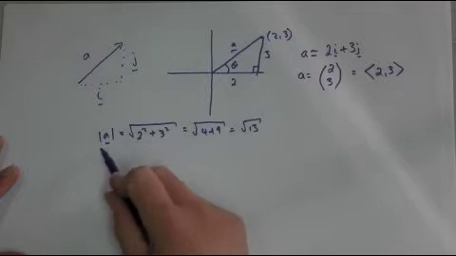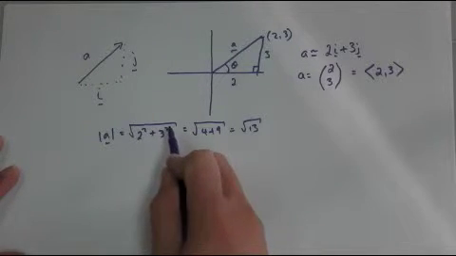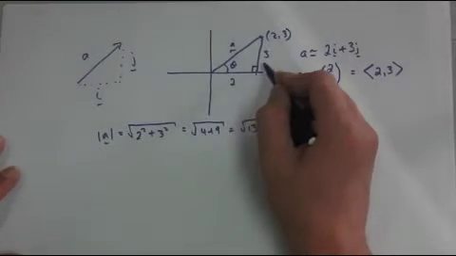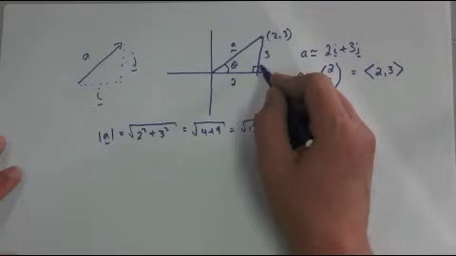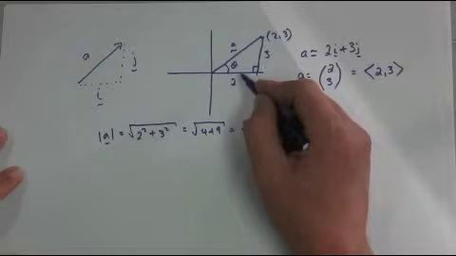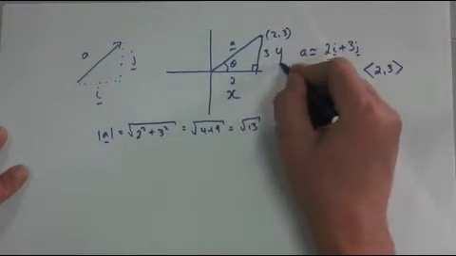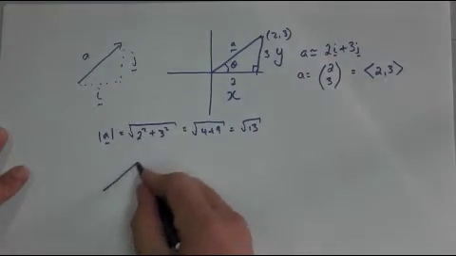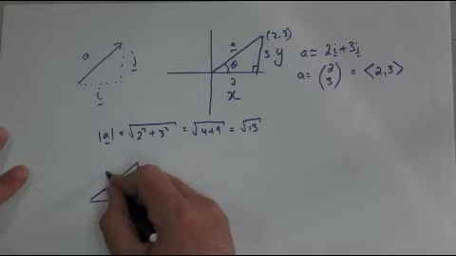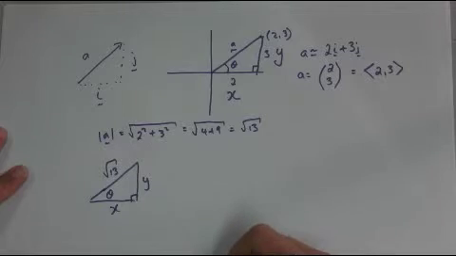Just that again, the magnitude is given by the square root of its horizontal component squared plus its vertical component squared. If I then wanted to look at my horizontal and vertical components using some trig ratios to help me, I can actually do that as well. If I call my horizontal component x and my vertical component y, I'd end up with this little triangle, which would have, in my case, the magnitude, which we worked out as the square root of 13, this being x, this being y, and this being the angle theta as well.